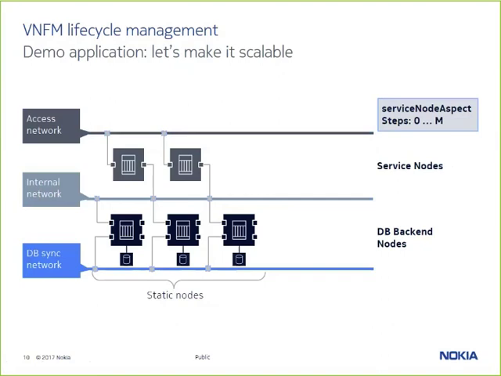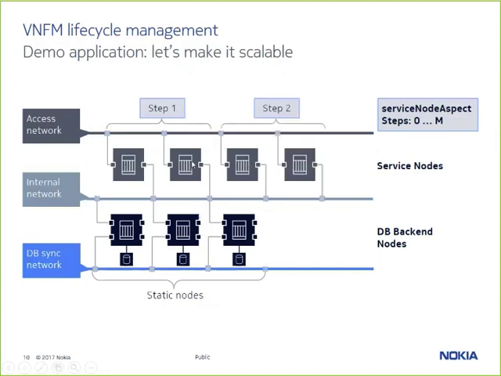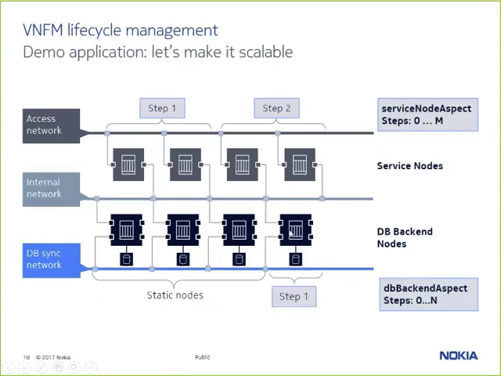And as I told you before, we have chosen to have in one step 2 service nodes. And we can scale it out with an additional step as shown in this picture. Let's also define the database backend aspect, which can scale from 0 to n, but it all the time adds on top of the static nodes. So the first step, it creates another virtual machine. The second step, yet another virtual machine.